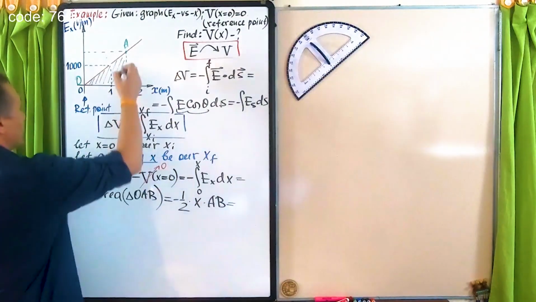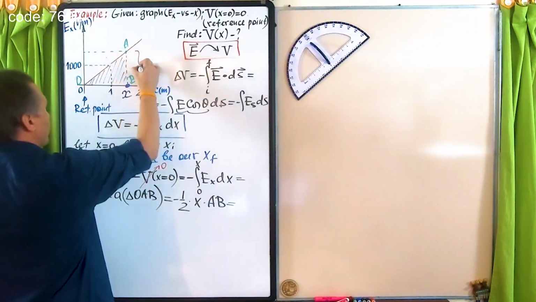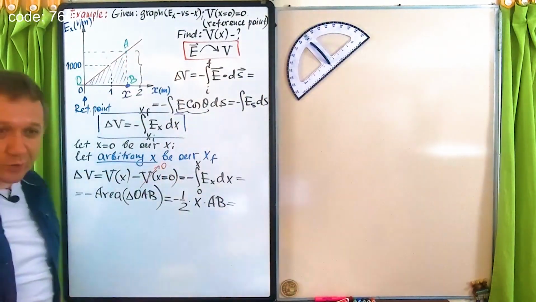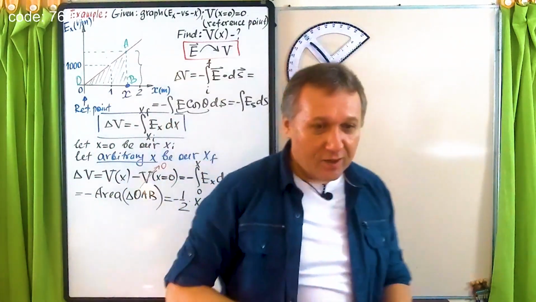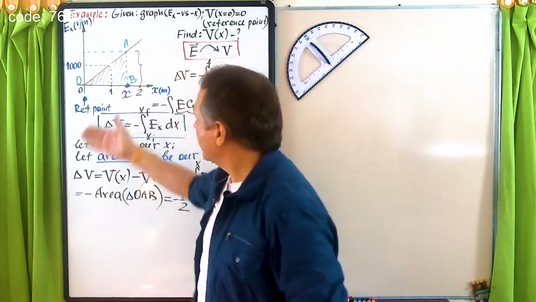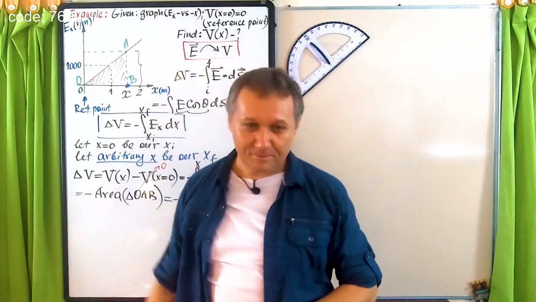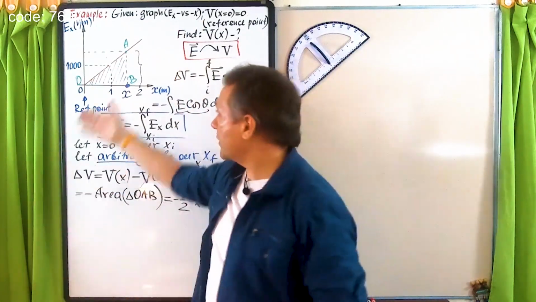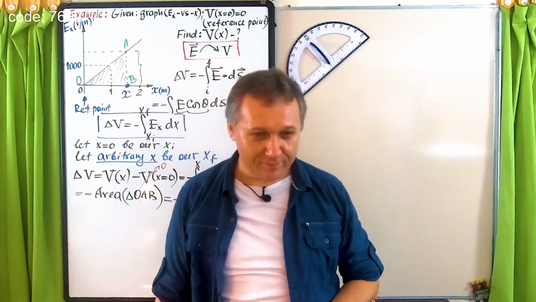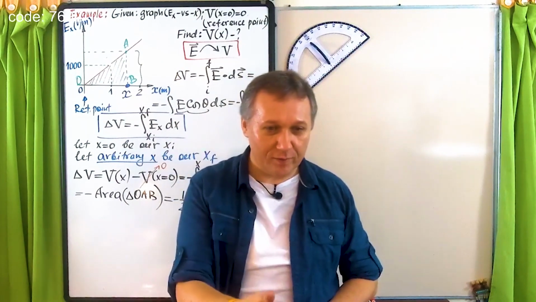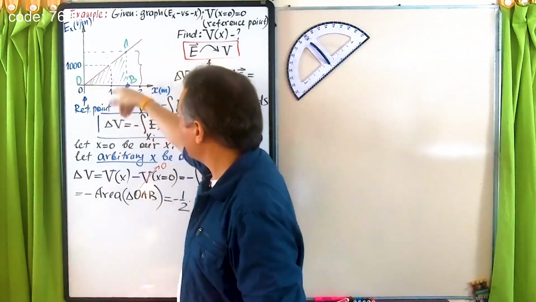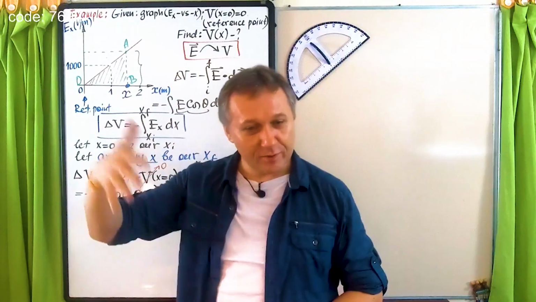How can we find this distance AB? In order to write that distance, we need to know the equation of this line. It's a straight line which goes through the origin, so we just need to find the slope. So E equals slope times x.